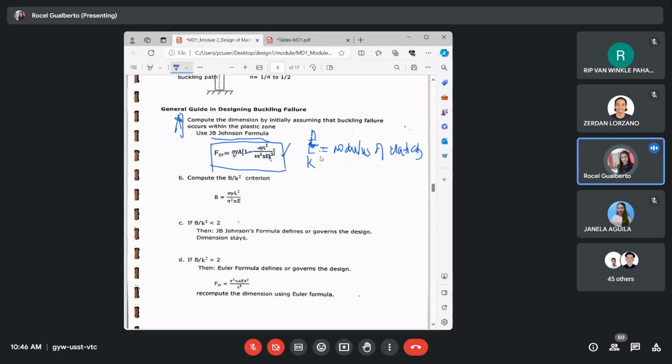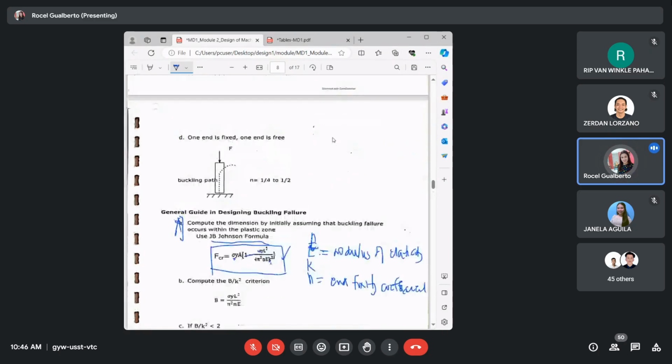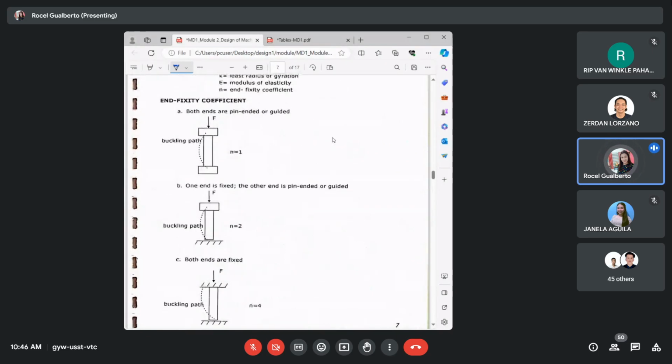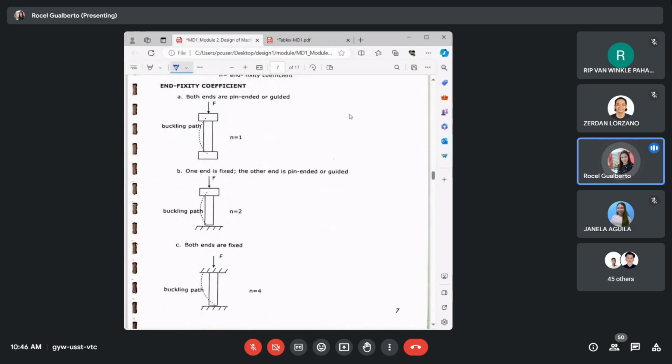Yung N naman po, ang tawag po dun sa N is end fixity coefficient. Okay? End fixity coefficient. You look at yun po nauna na pages dyan. Yan, page 7. Okay? So, yan po yung end fixity coefficient N.